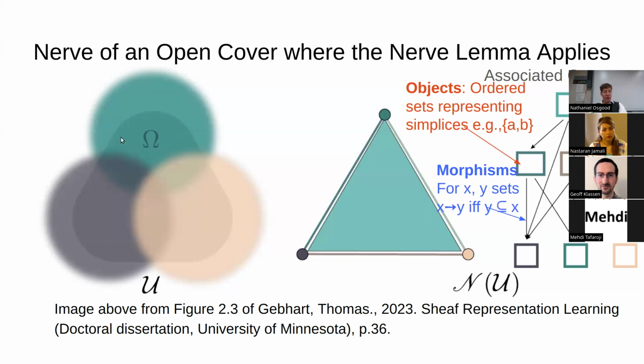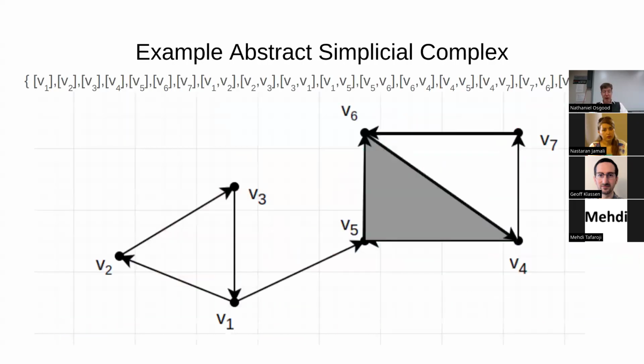But this is a cover of perhaps some area, like this area omega here, and we could take the so-called nerve of it to get out an abstract simplicial complex. So given some geometrically situated topological space, we can take the nerve of an open cover of it and arrive at an abstract simplicial complex, and then we can represent them in terms of categories. And I'd like to work towards that.